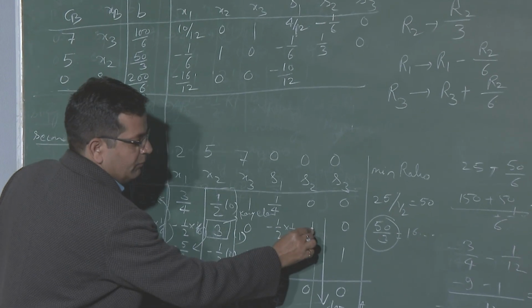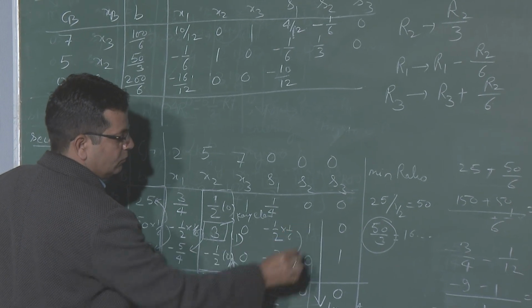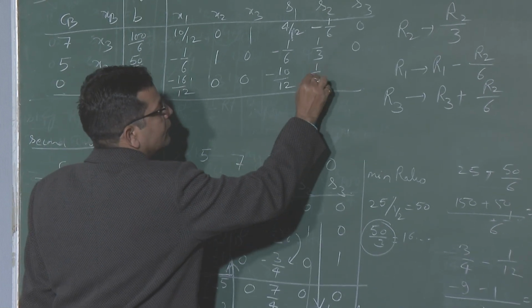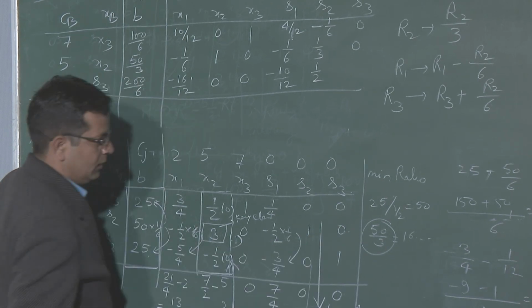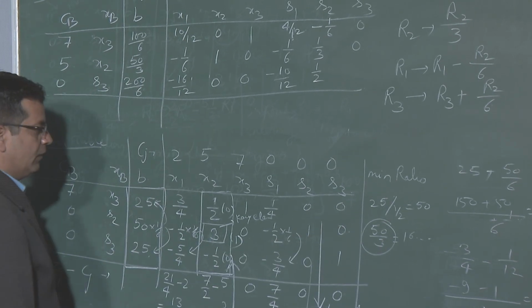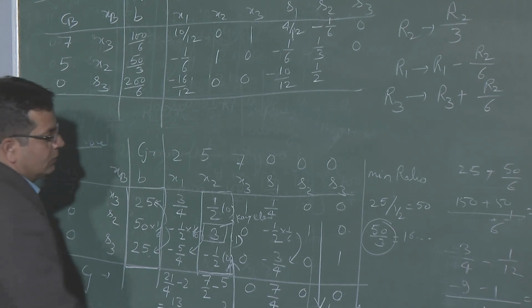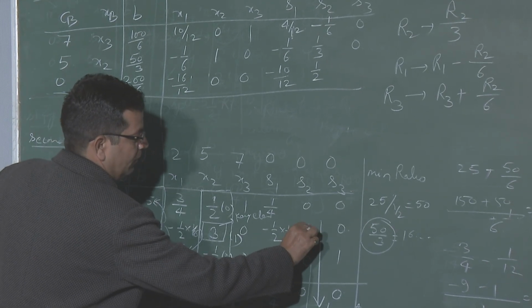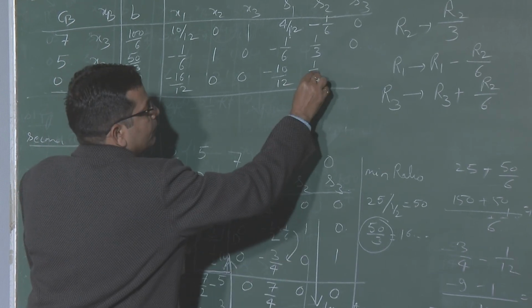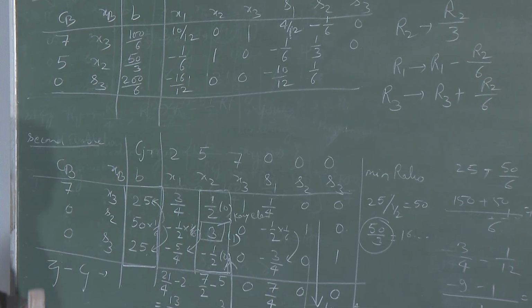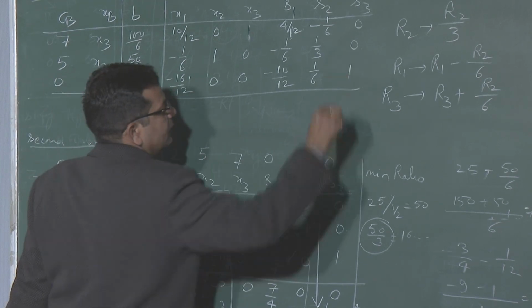And when we multiply this 1 by 2 and then add, we have 1 by 2. And when we multiply this 0 by 1 by 6, we have the same. Okay. So 1 by 2, 1 by 6. So here the value will be 1 by 6, not 1 by 2. Then this will remain the same, 1.